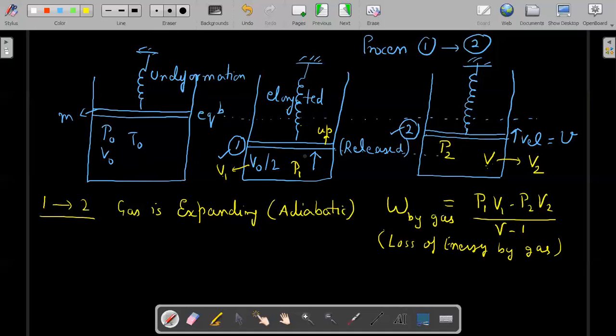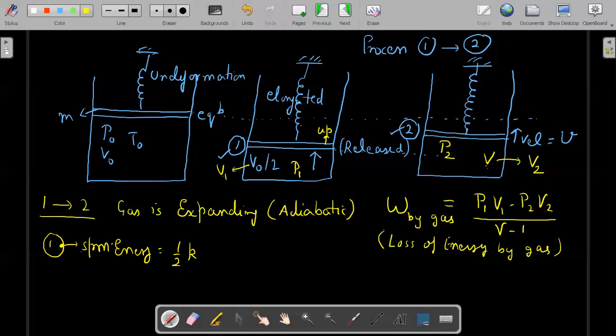So energy which is stored in the spring at point number 1, you can write down the spring energy at point 1 equal to half, that is spring constant K, and the elongation part.